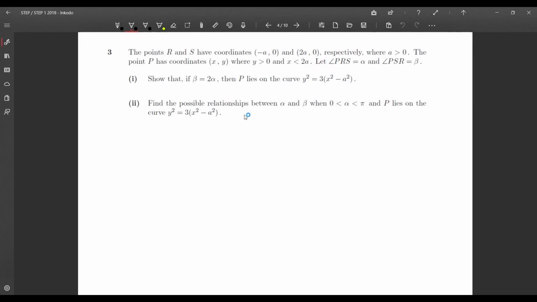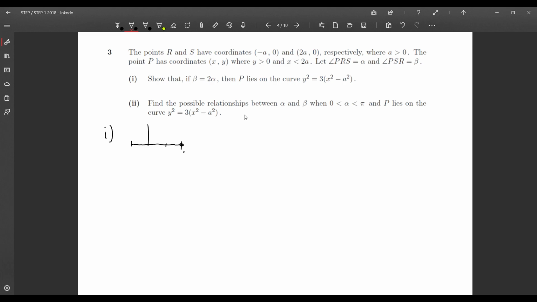We have some geometry. So we have these points on the x-axis. A is greater than 0, the point P has coordinates x, y, x is less than 2a. Okay, so let's quickly draw a sketch. So we have A, right? Let's say roughly like that.